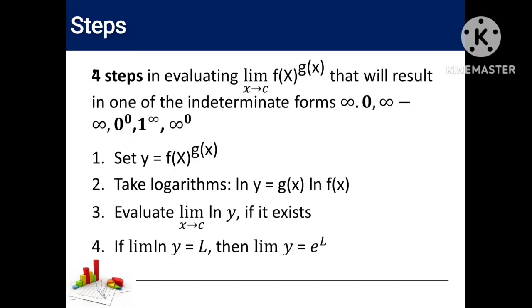So we have heard the first four steps in evaluating the limit of f(x) raised to g(x) as x approaches c that will result in one of the indeterminate forms 0 to the 0, 1 to the infinity, or infinity to the 0.